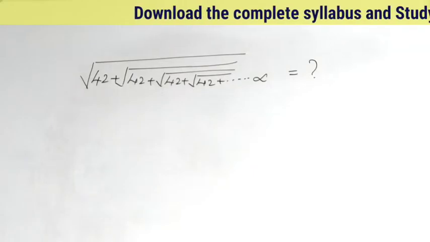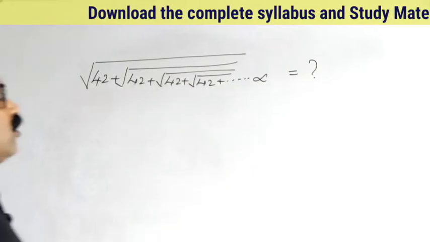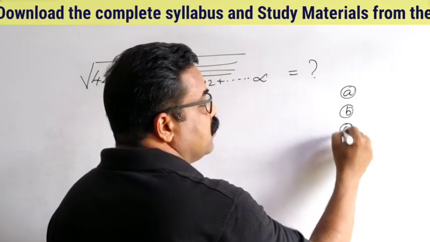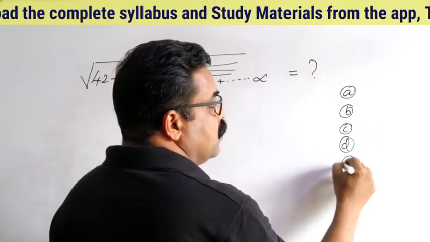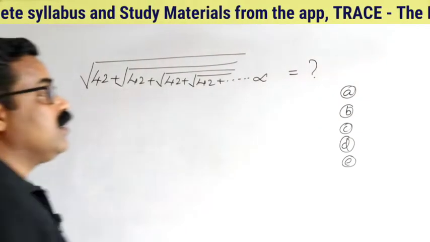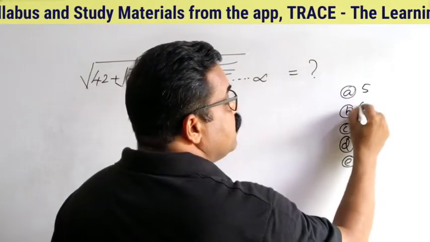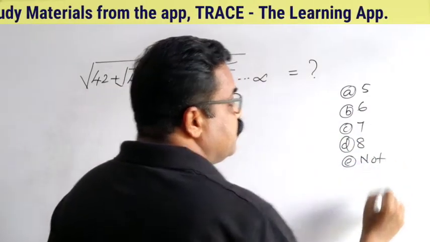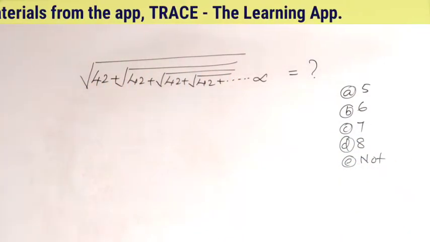So options are also given. What are the options given? The options are 5, 6, 7, 8, none of these. So these are the options given.